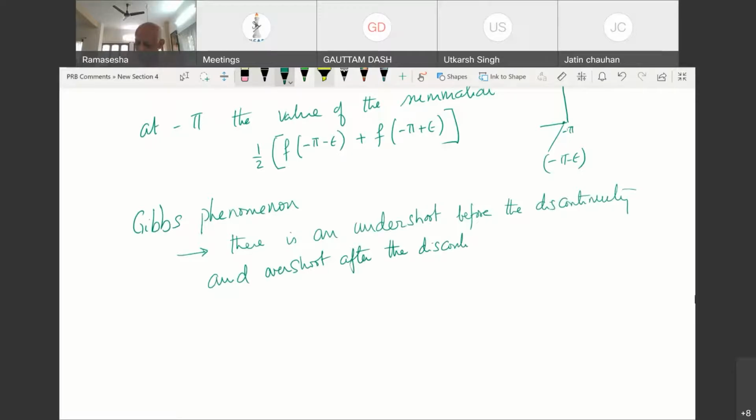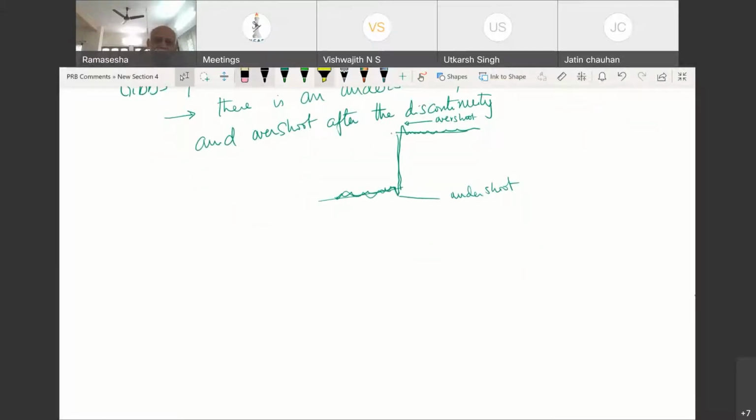Means if we have something going like this, it shows a slight dip here, goes up with the overshoot and then the undershoot. So this is called the Gibbs phenomenon in the summing of the series. Okay, so that is the way to sum the series.